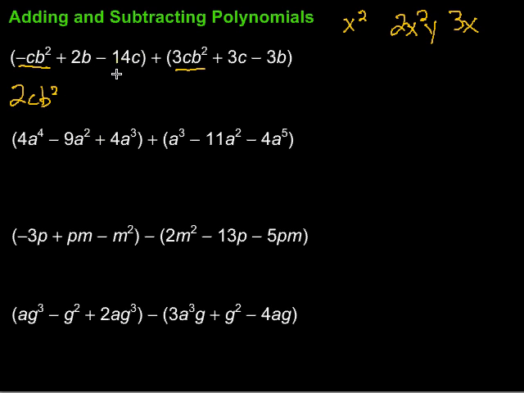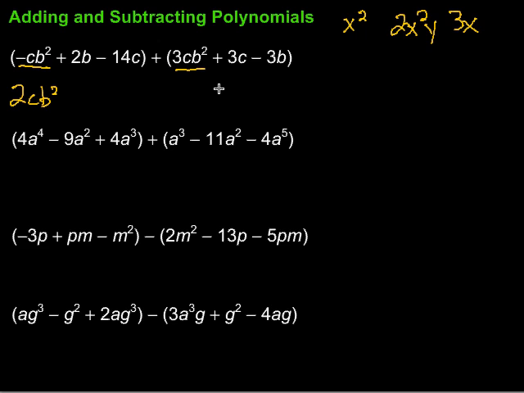Now, another error that I sometimes see is that people want to change that to be like c squared b to the fourth power. Well, we should really treat those almost like a label there. When we're adding them together, it's like we have -1 of those cb squareds, and we have 3 of those cb squareds.